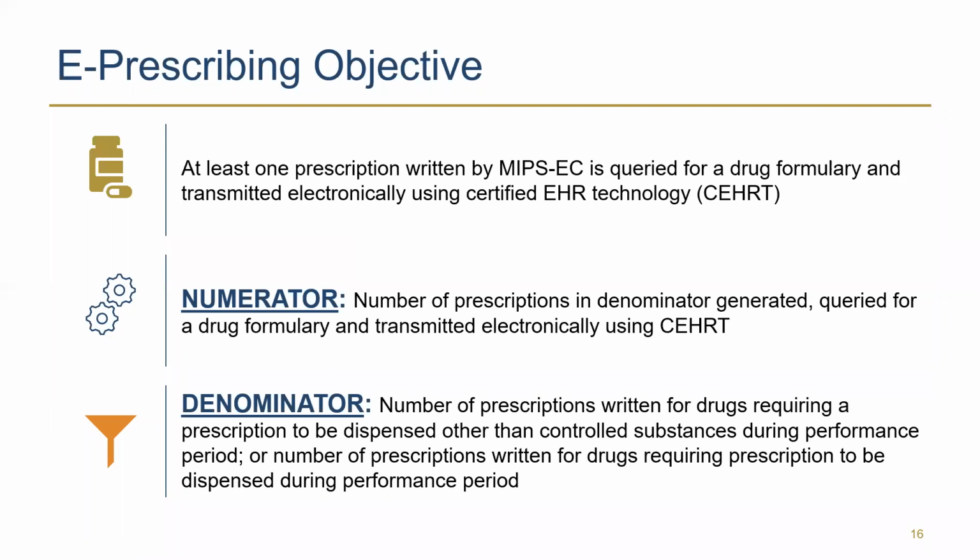The second denominator is for medication orders which require a prescription, including the controlled substances. The denominator in your situation will be determined by your vendor, as they know whether or not you have that controlled substance module within your system.